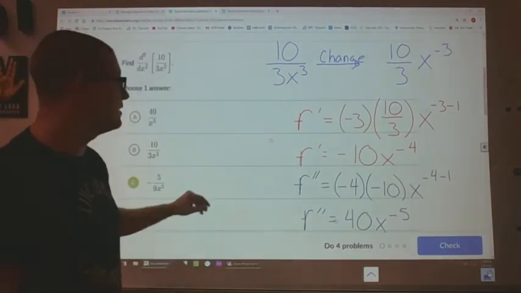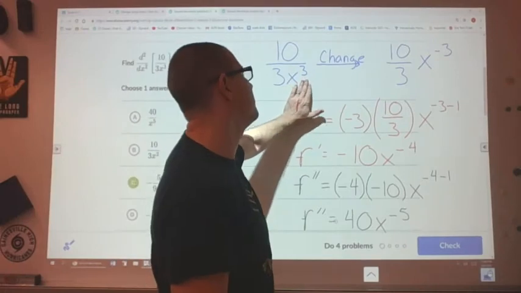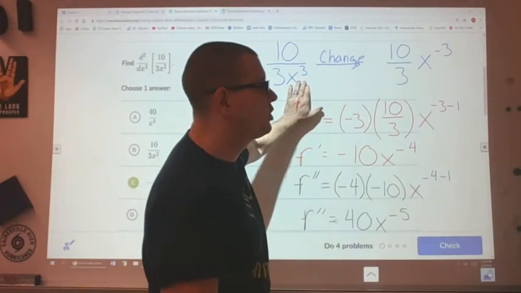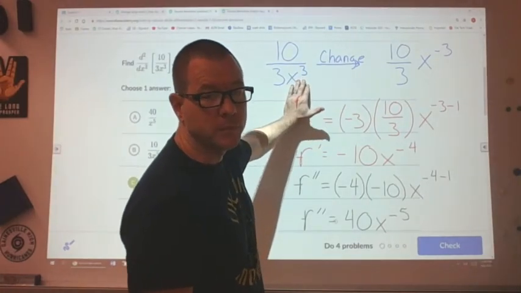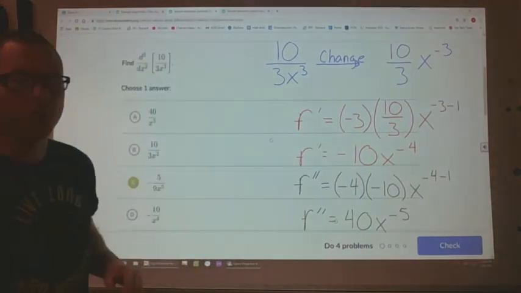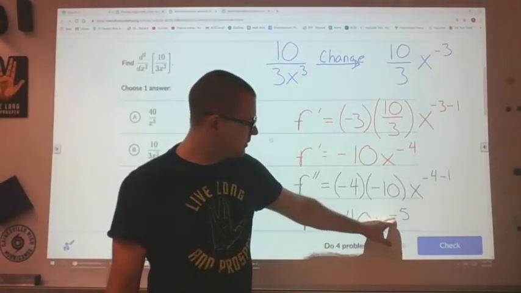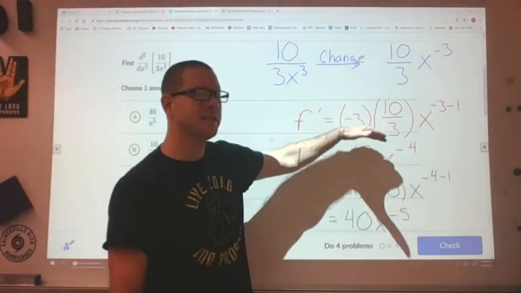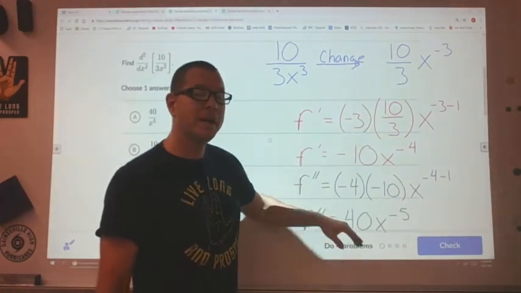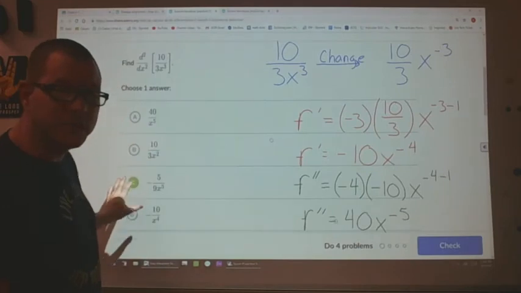But that's because, notice at the very beginning, we changed the form. Expressions have lots of different forms that they can be presented in. In this case, that negative exponent makes it very easy to take the derivative, but it may not be the form represented in the multiple choices.